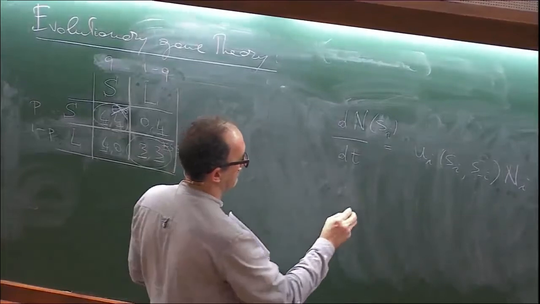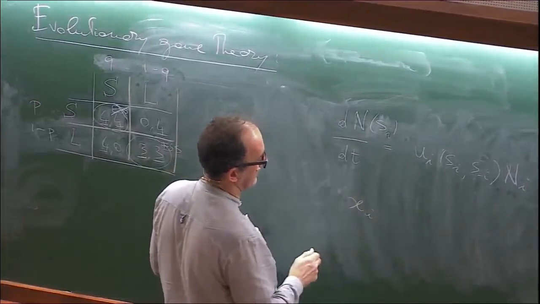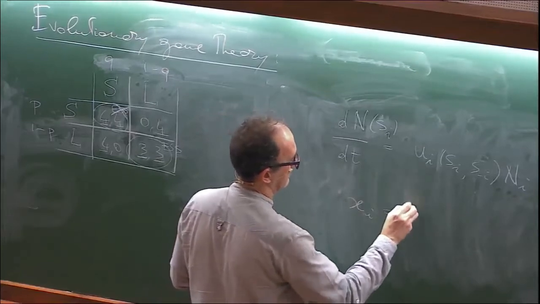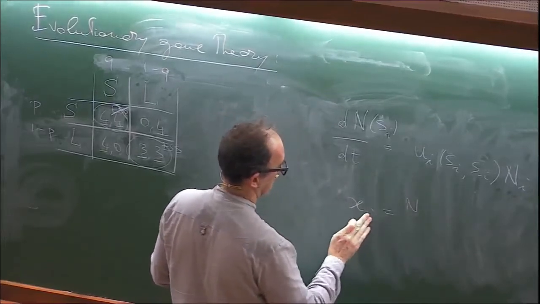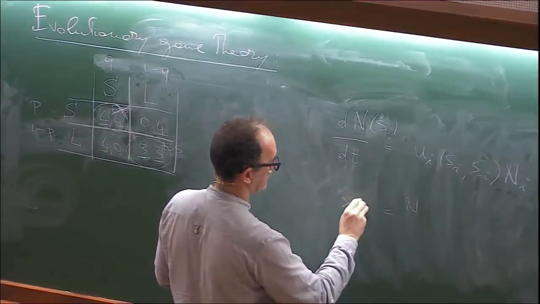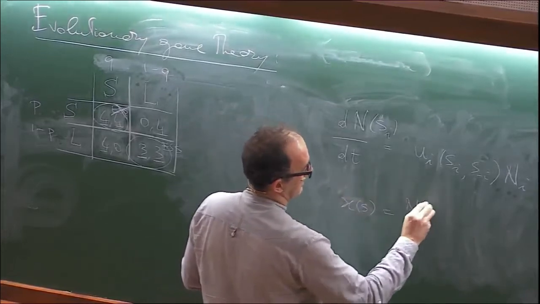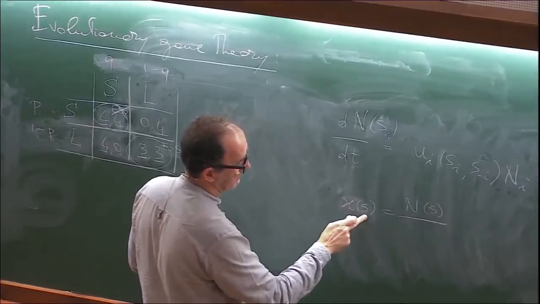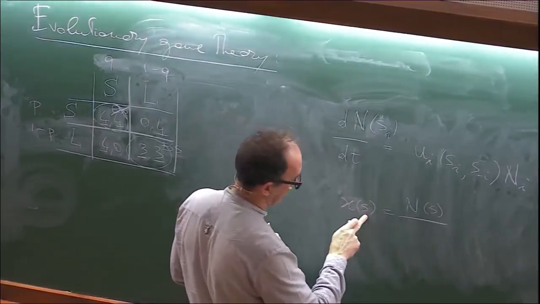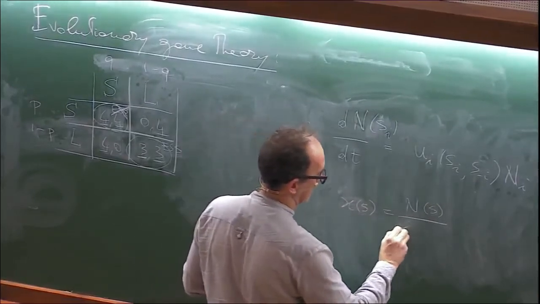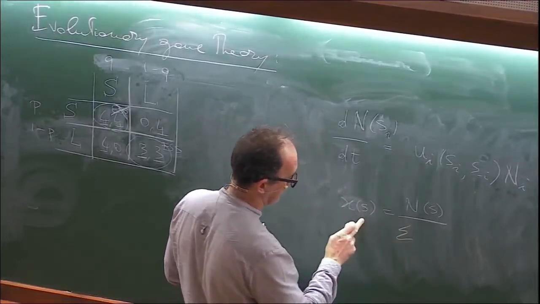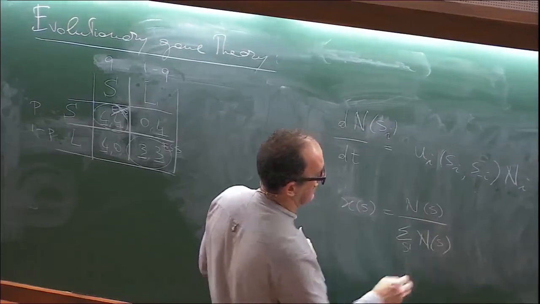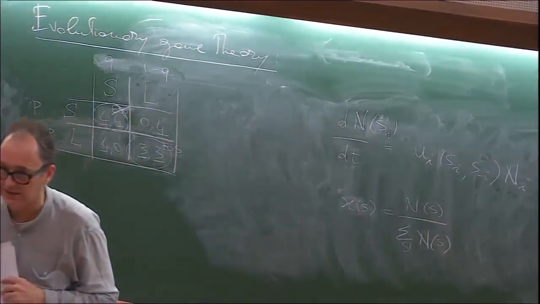And if you write down the equations for the fraction of individuals that play a given strategy in the population, then you get the replicator dynamics.